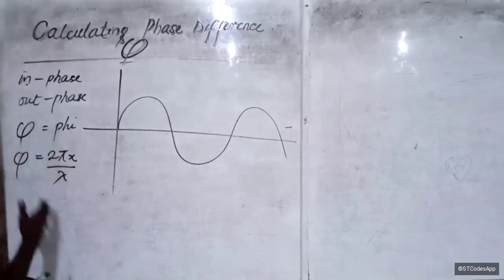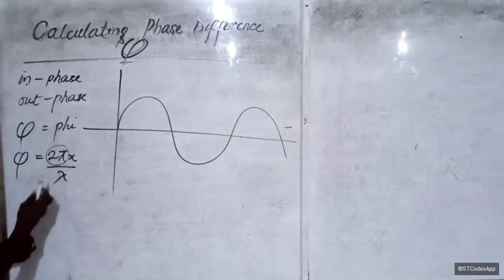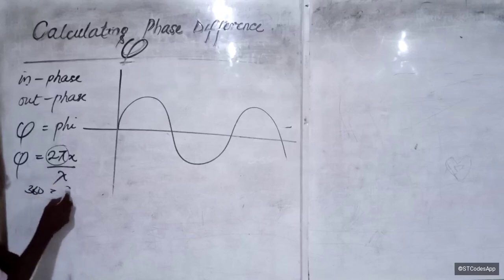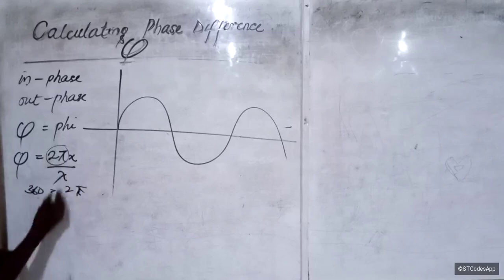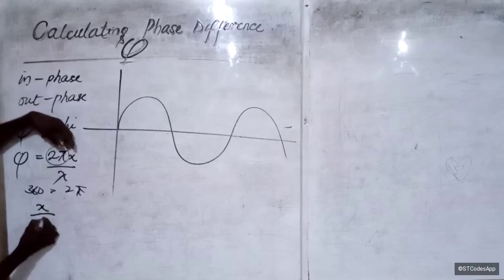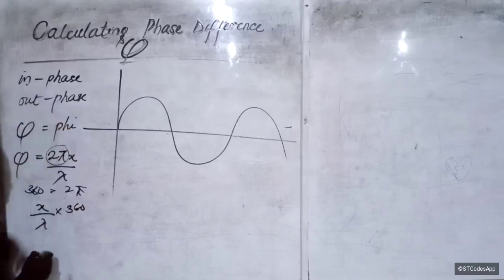So what this is just saying is that it is a fraction of 360. You remember that 360 degrees is 2 pi, right? So we're just saying that we have a particular wavelength out of the actual wavelength, which is a circle, times 360. You understand?